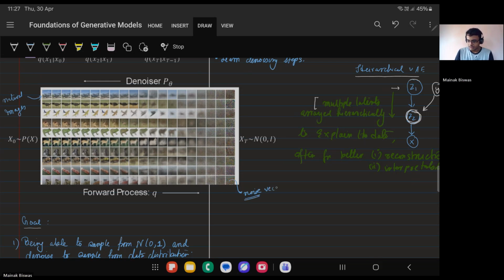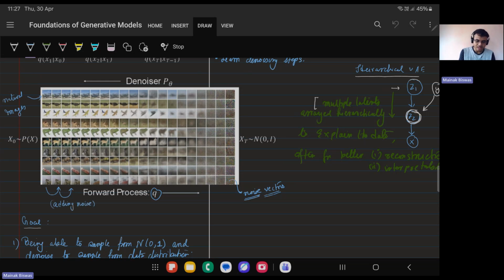And what I see is that I am doing a forward process Q, in which I'm going to add noise. So what I'm doing from here to here is, at every step, adding noise.